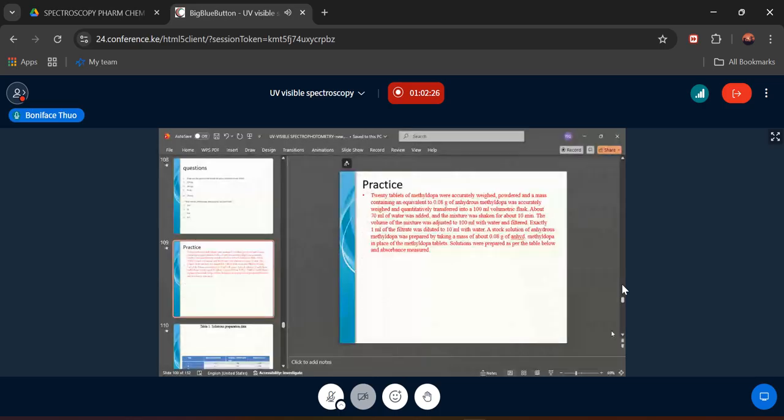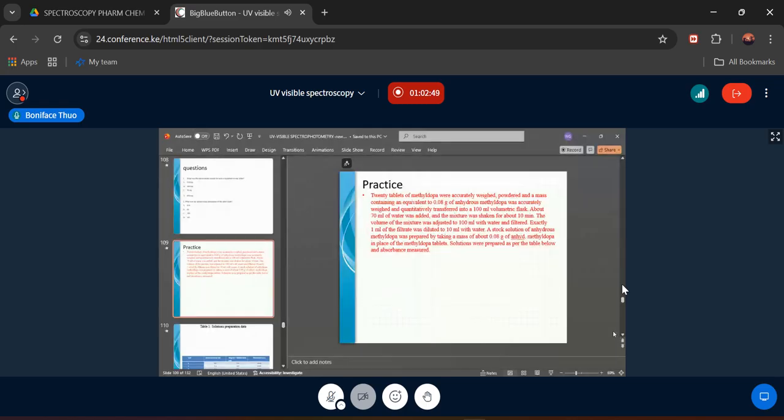And here is another example: 20 tablets of methyldopa, accurately weighed, powdered, a mass containing the equivalent of 0.08 grams of anhydrous methyldopa weighed and quantitatively transferred to a 100 ml volumetric flask, and so on.